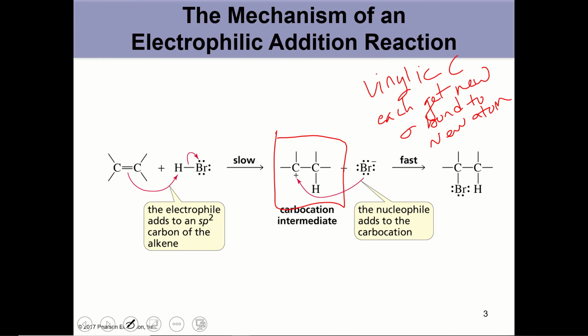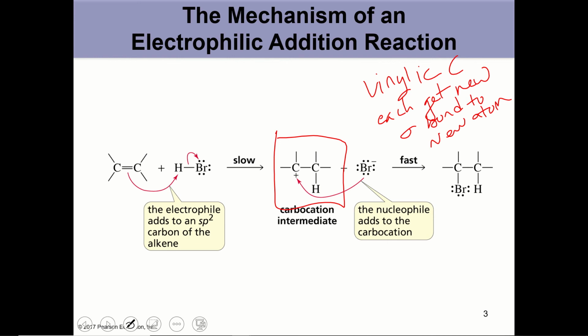In general, for an electrophilic addition reaction, the first step of the reaction is going to be the slow step or the rate limiting step. And the second step of the reaction, the intermediate carbocation becoming final product, is going to be the fast step. So the slow step is formation of the carbocation, and the fast step is from carbocation to product.